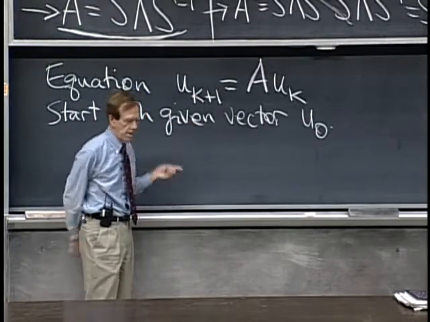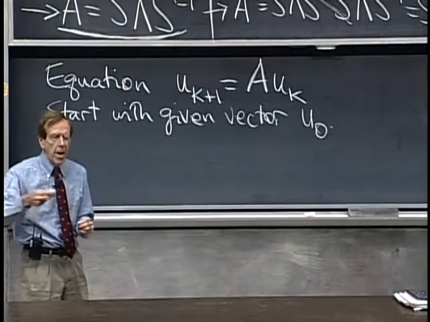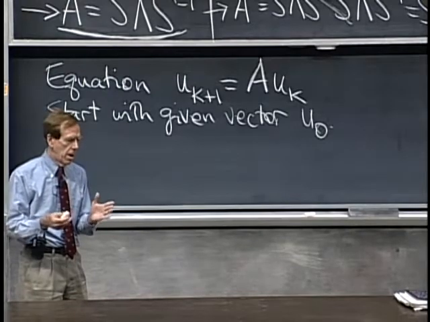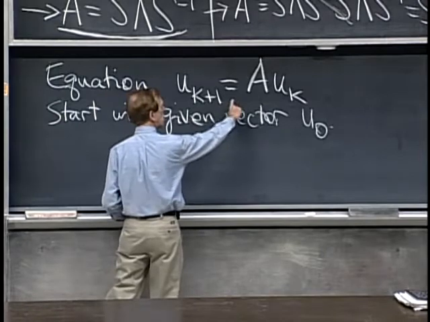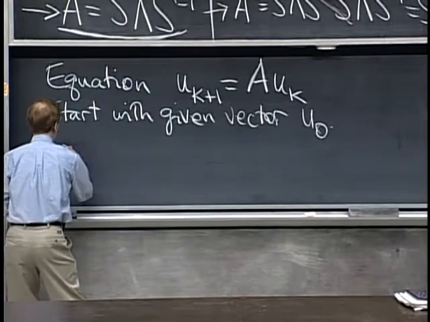How would I find, if I start with a vector u0 and I multiply by A 100 times, what I've got? Well, I can certainly write down a formula for the answer. u1 is A u0.